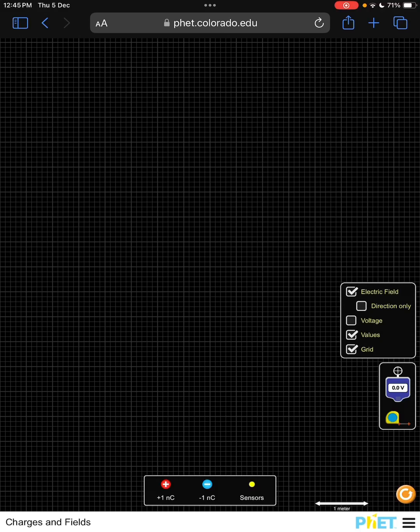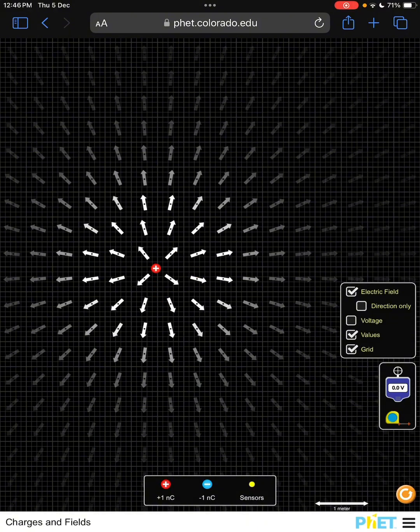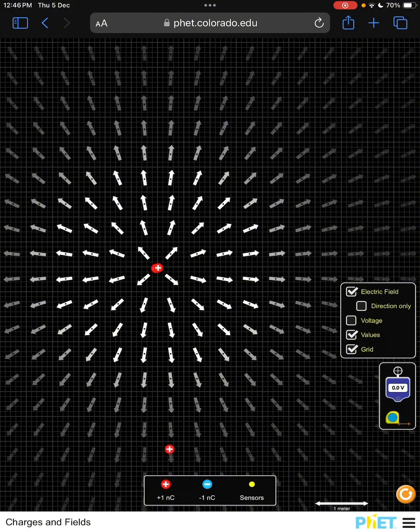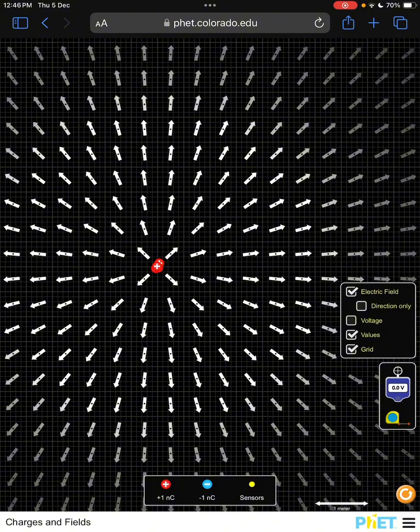So you see that 2 boxes are equivalent to 1 meter. Let's put a positive charge there. So you see the electric field lines that get weaker as we move away from the charge. And if I put more charge, the electric field becomes stronger and stronger and stronger, okay?